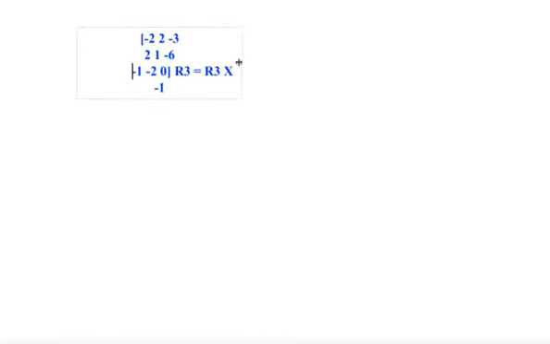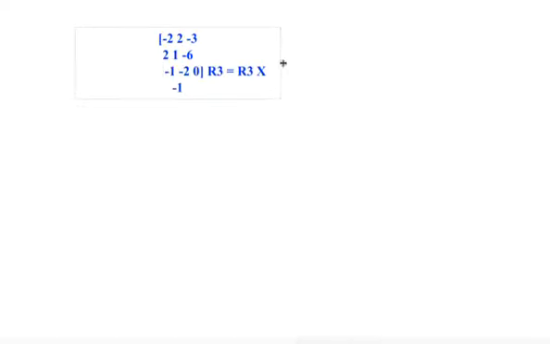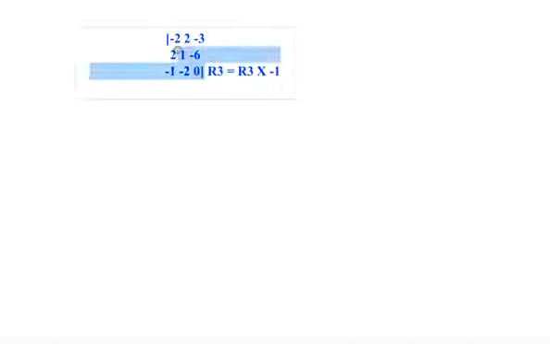Fair enough? Then the resultant matrix will be the same matrix. We can simply copy paste this matrix.